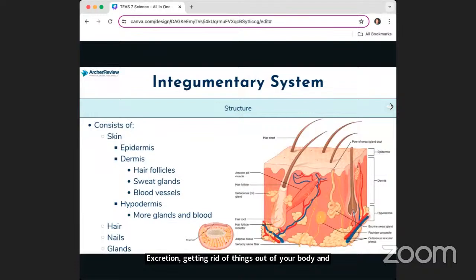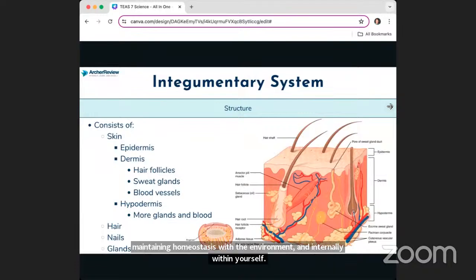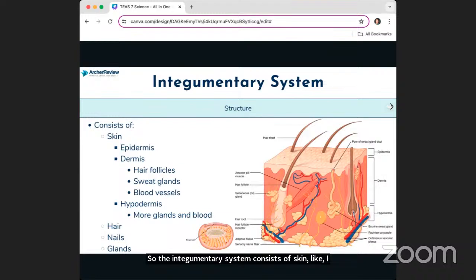So the integumentary system consists of skin, like I said, and you can break down the skin into 3 major layers. You can see those layers referenced on the far right of this picture. The outermost layer is the epidermis, followed by the dermis, which is going to be one more layer deeper inside.